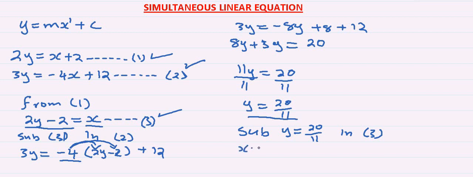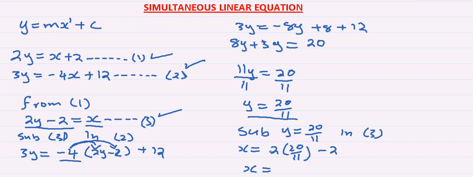Therefore, x will be equal to 2, where I see y, I substitute 20 over 11, minus 2. Then at this point you can take your calculator. You're going to multiply 2 open brackets 20 over 11 close brackets all minus 2.